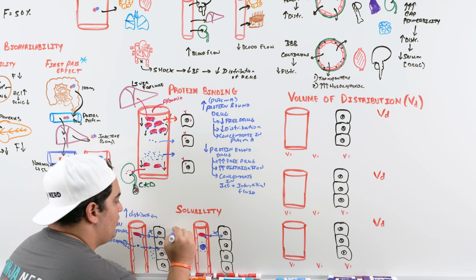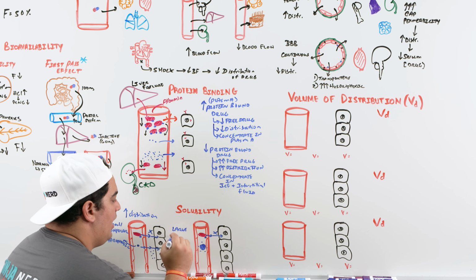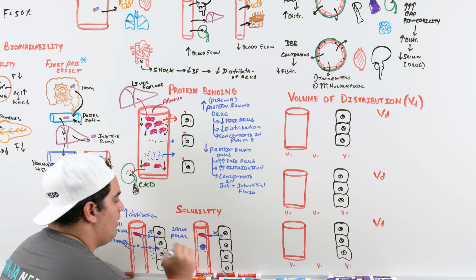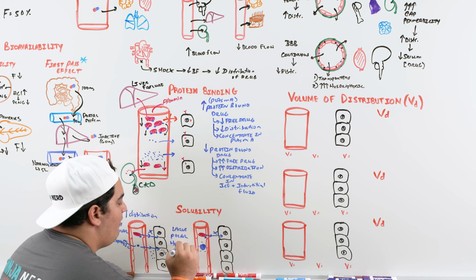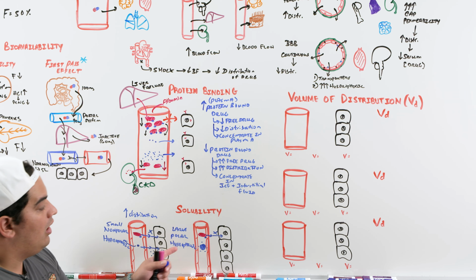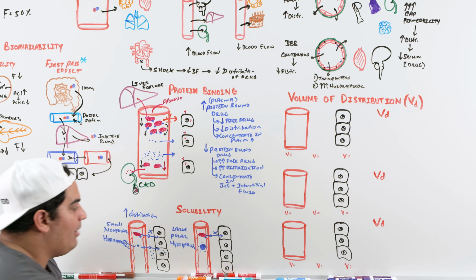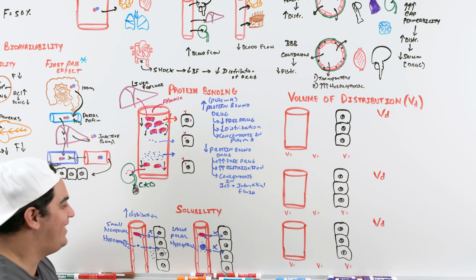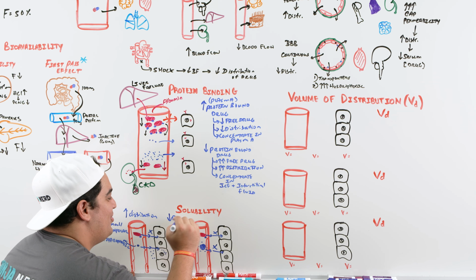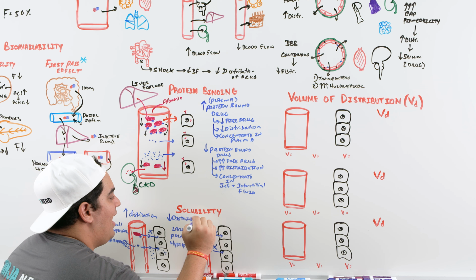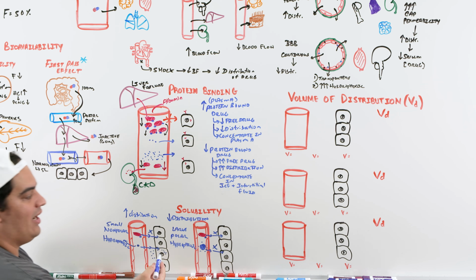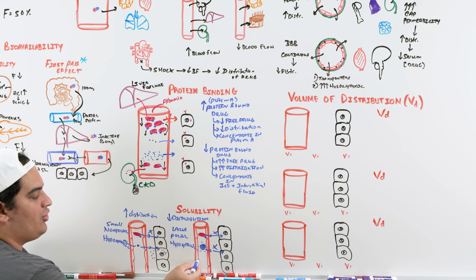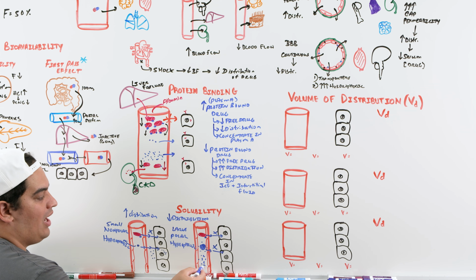So if I have a drug that's super big, like albumin, it's polar, like albumin, and it's hydrophilic, meaning it loves water, hates lipids, like albumin, is this thing going to be able to easily pass? No. So the distribution is going to drop, and a lot of it will stay concentrated inside of the blood. So the ones that have low distribution will stay in the blood, concentrate in the blood.